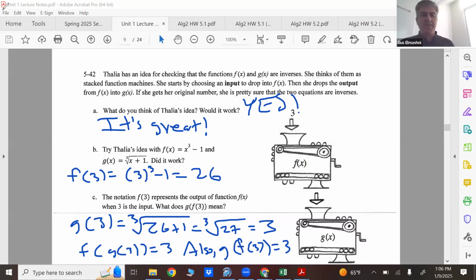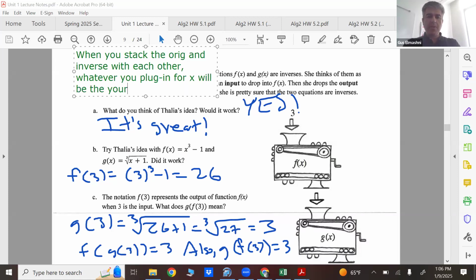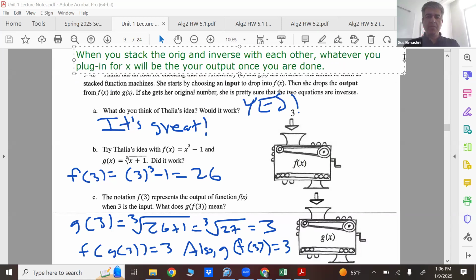The bottom line is this. This is the key takeaway. When you stack the original and inverse with each other, whatever you plug in for x will be your output once you are done.